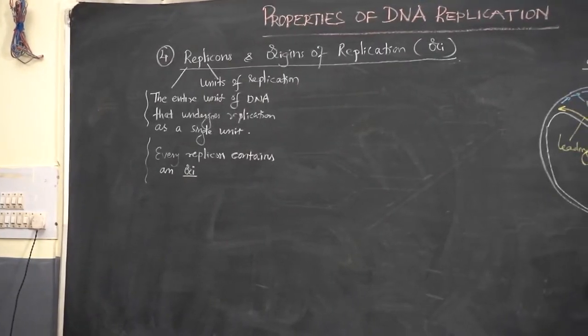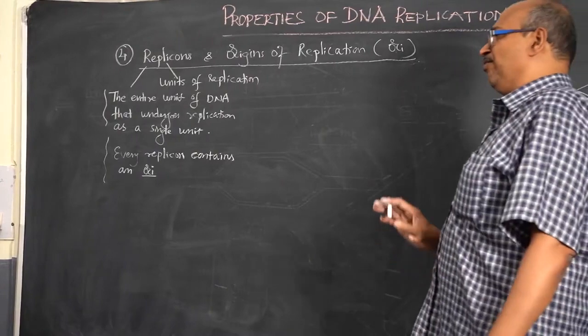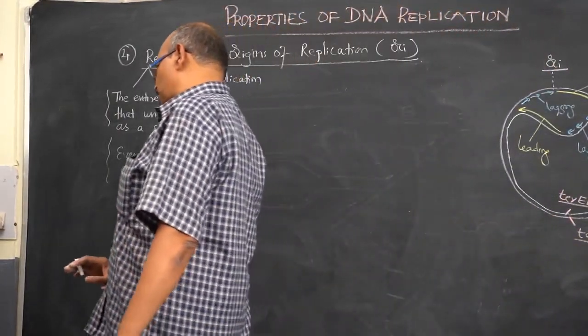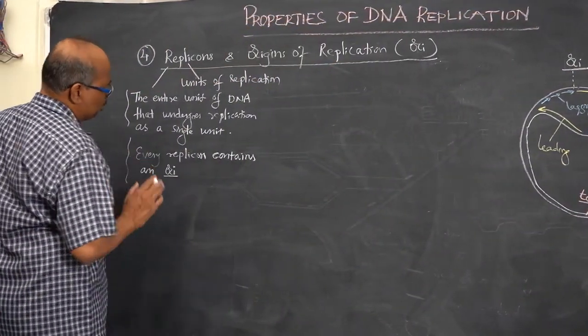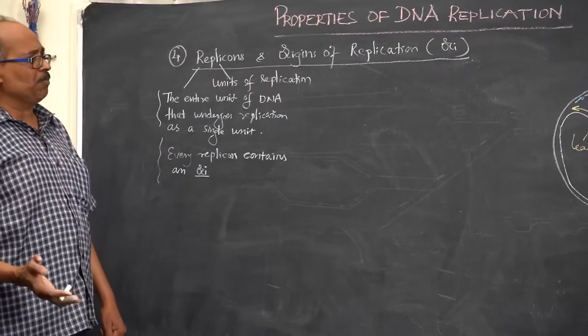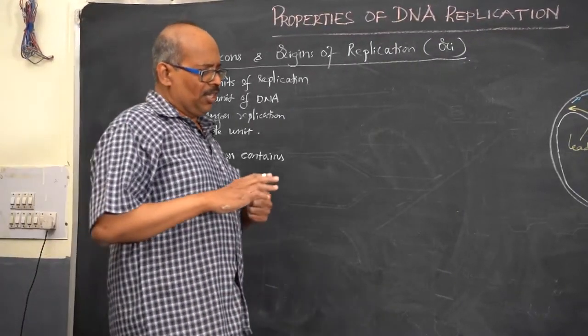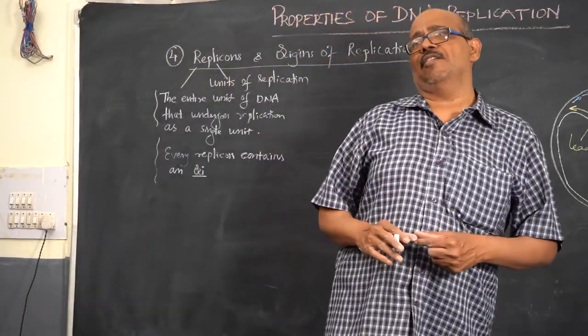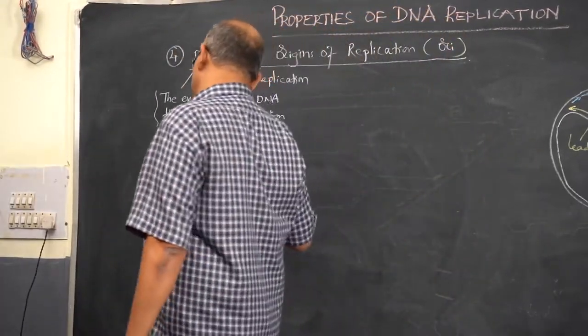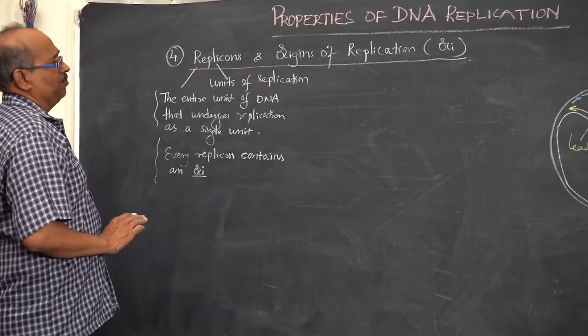Origin is a position in the replicon where the replication process begins, the initiation process begins, initiation protein binds, and so on. All that initial activity that you require, you will see at the origin.